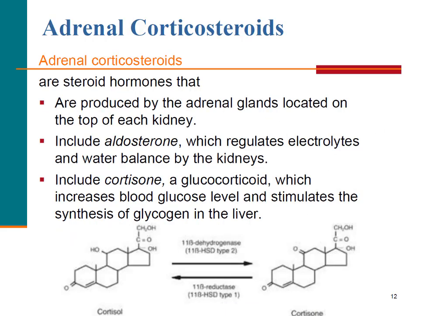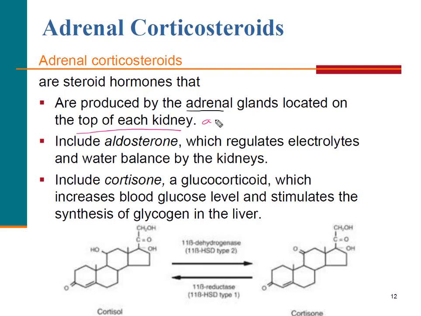And then we have adrenal corticosteroids. These are produced in the adrenal glands, and they actually have a lot of different functions. But why are they called adrenal glands? Well, they're located on the top of each kidney.